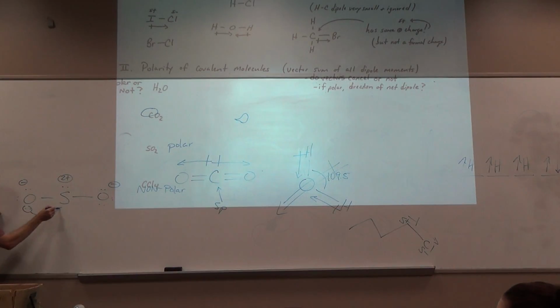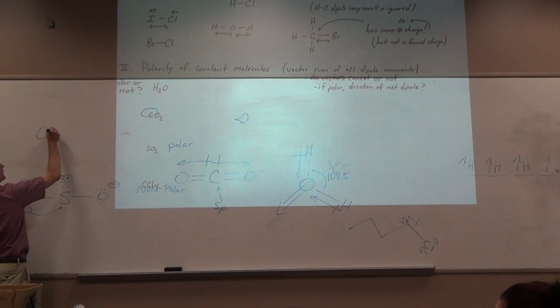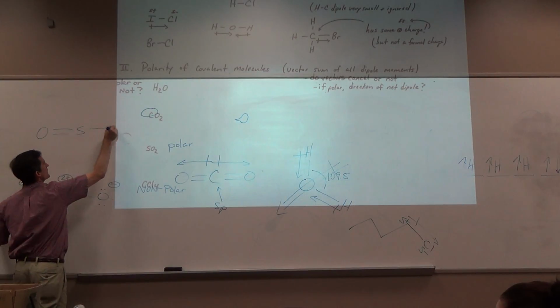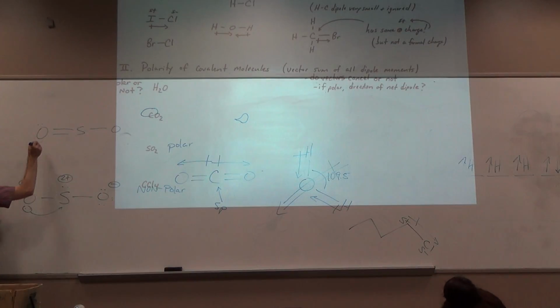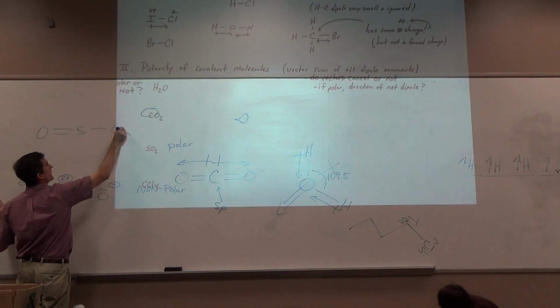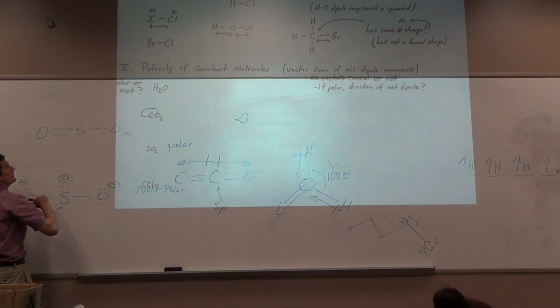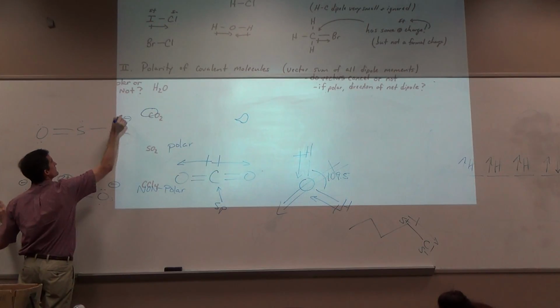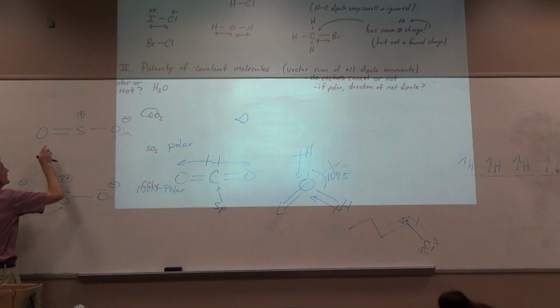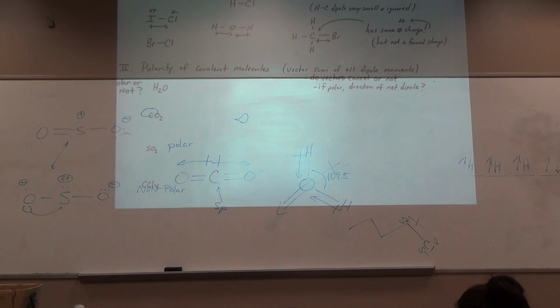Let's ask these electrons to move in here. We're going to have a double bond to S. That's minus. This is plus. That's neutral. That's a resonance structure. It only varies in the way we place the electrons.